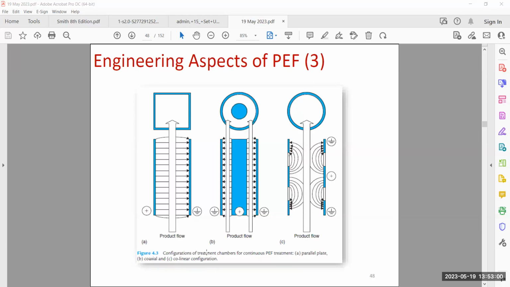So the engineering aspect of pulse electric field looks something like this. The configuration depends on the food that you are treating. Basically, you would have two electrodes, with your food product moving downwards or upwards, and the electrical arc moving in a zigzag motion between the two electrodes.